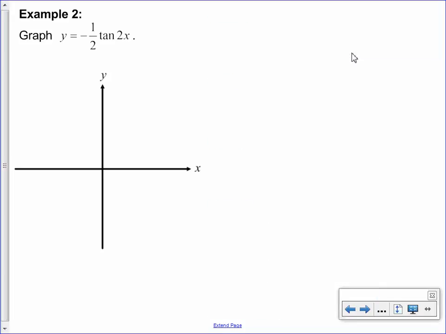Okay. Ready? Tangent, again, goes from negative pi over 2 to pi over 2, always. To get the x by itself, just divide by 2. So this becomes negative pi over 4 to pi over 4. You can do this in your head.